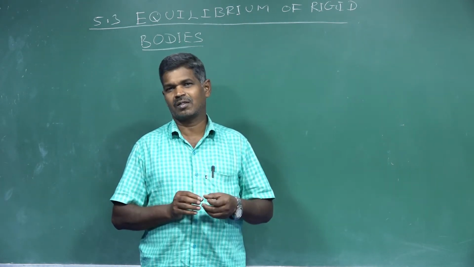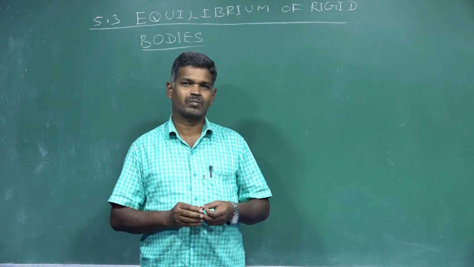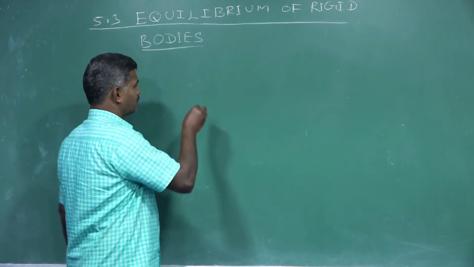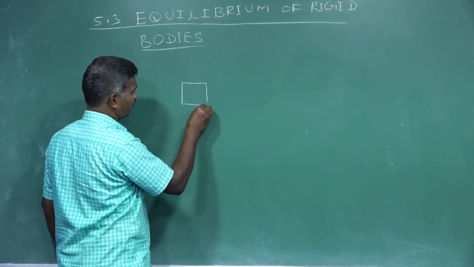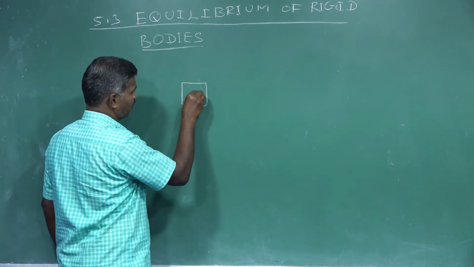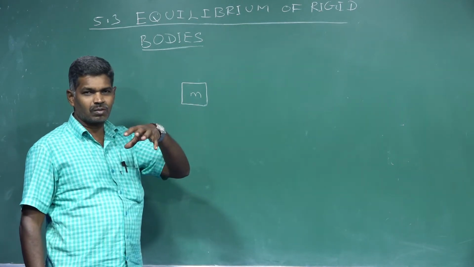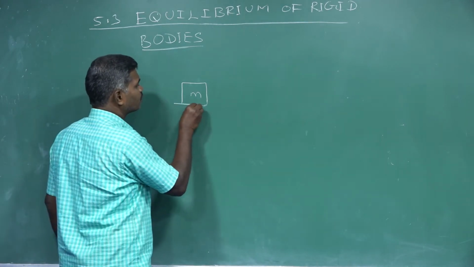So for that we are going to take a certain object. Suppose my object is in a rectangular shape which has a certain mass, m. This mass is going to be placed on a table.